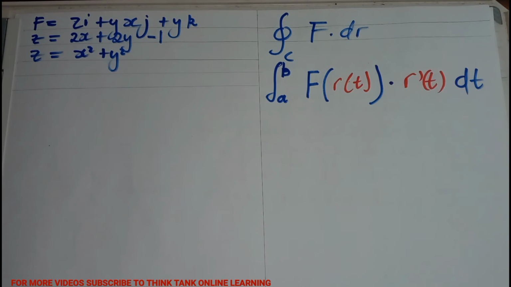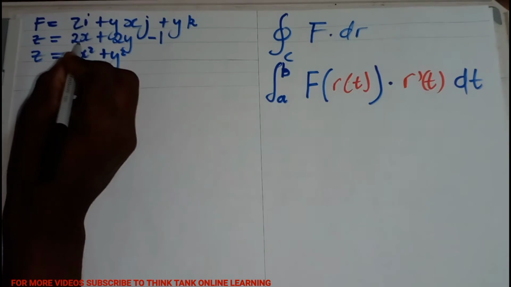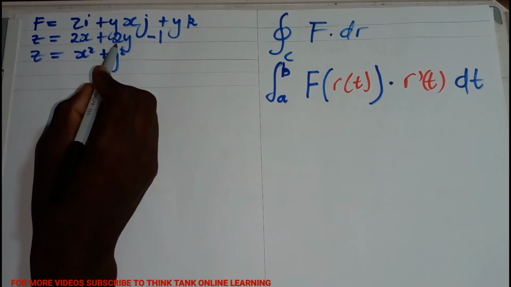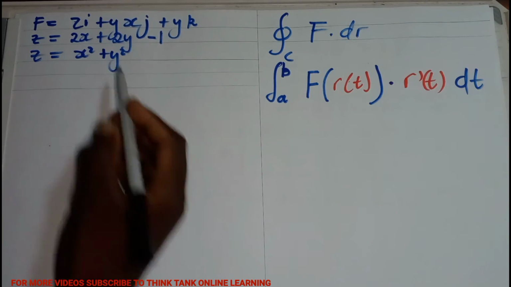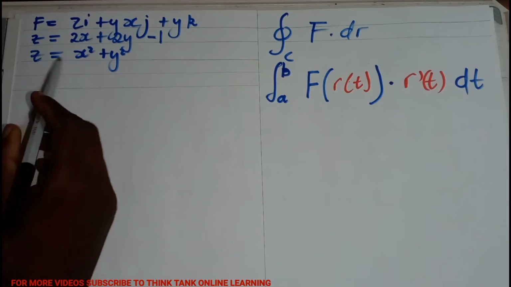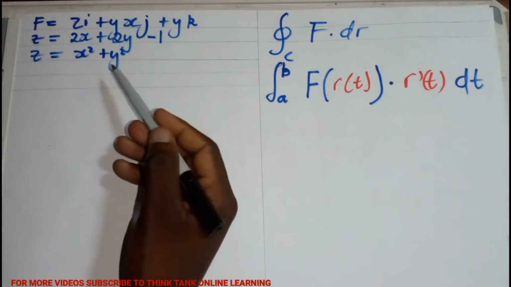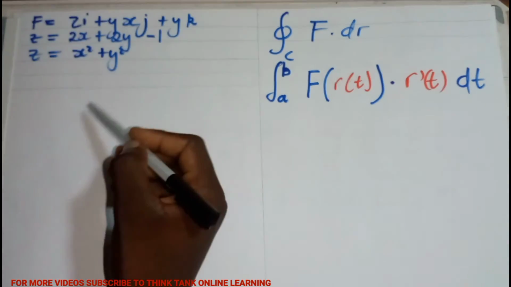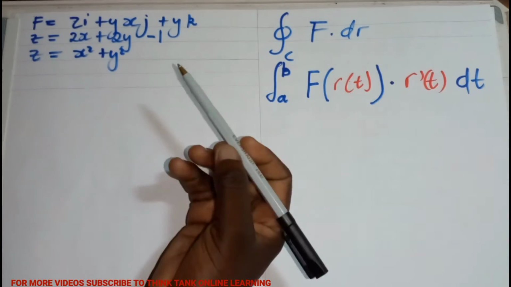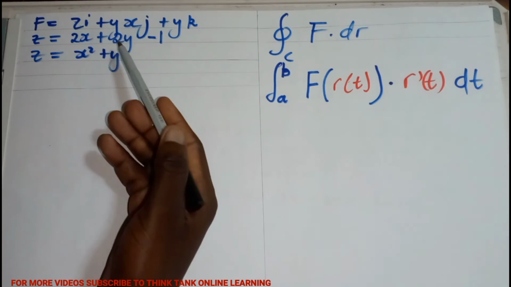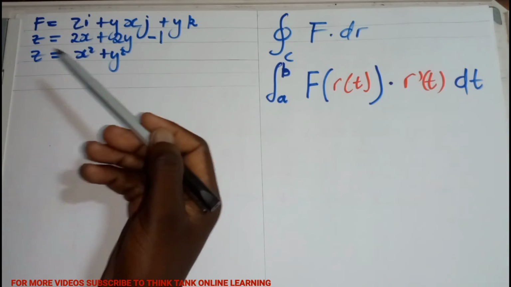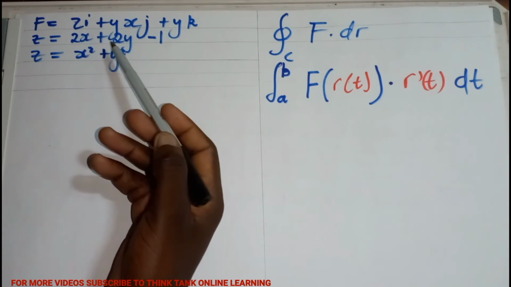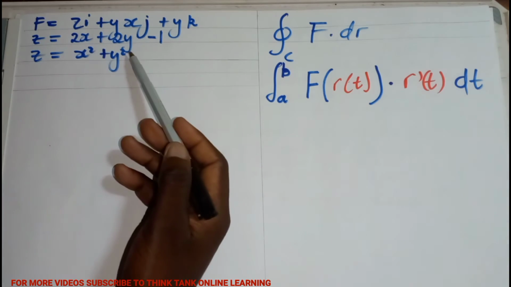So what do we know here? We know that z is equal to 2x plus 2y minus 1. So if we say x equals r cos theta, but now we don't want theta, we want t, and we know the radius of this cylinder. We have calculated it when we used the first method.